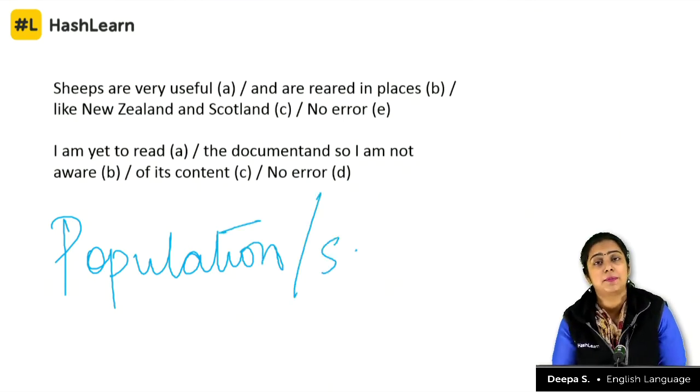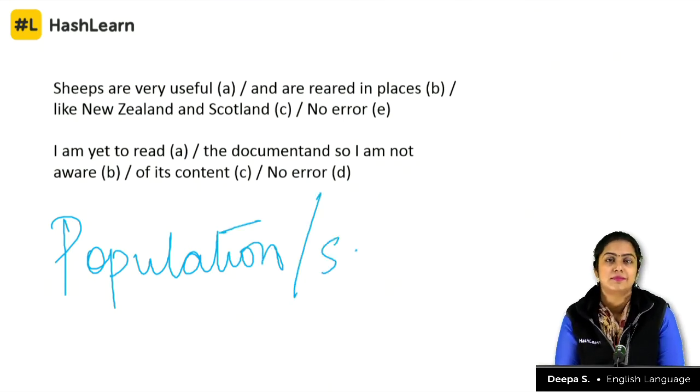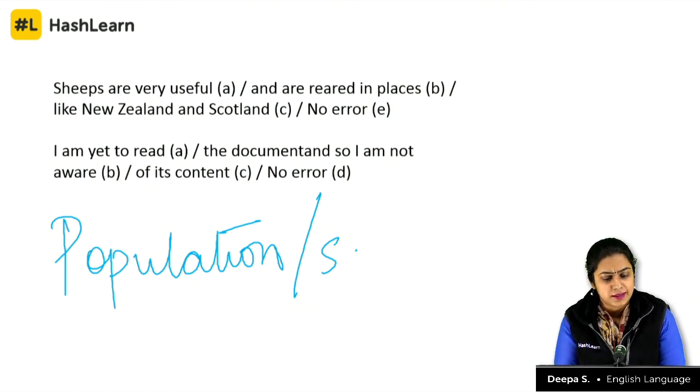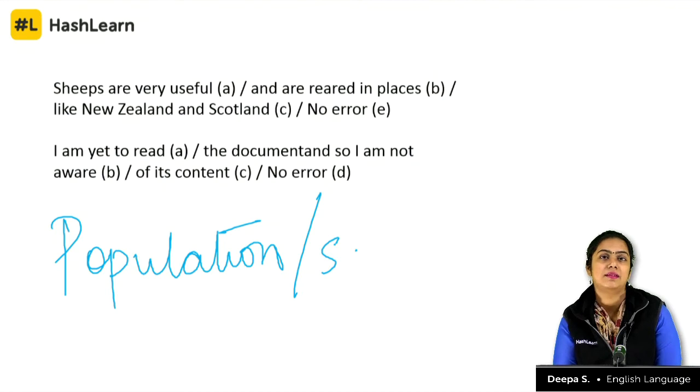Is it right to say populations? I can say the population of India is 1 billion. Sounds right. Then I can also say that, first and foremost, population is a collective noun in the first place, correct?